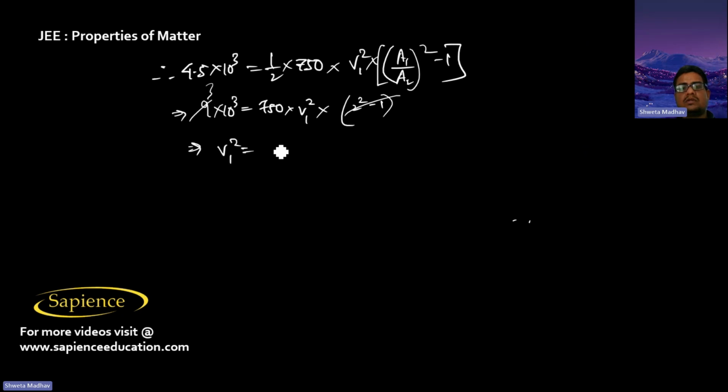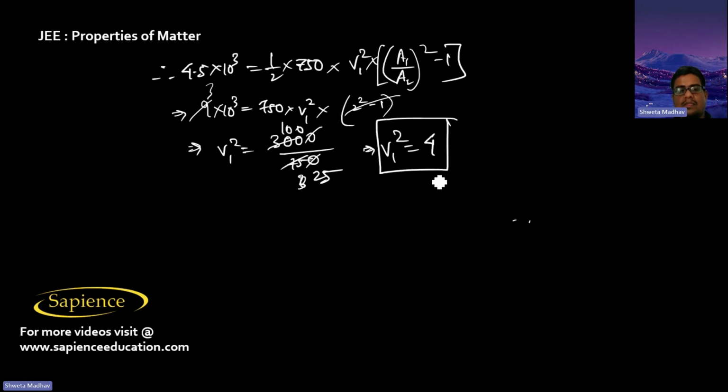So V1 square will be 3000 divided by 750. So these two will get cancelled. Then 25 3s are 75, and 300 is 300. So therefore V1 square will be equal to 25 4s is 100.